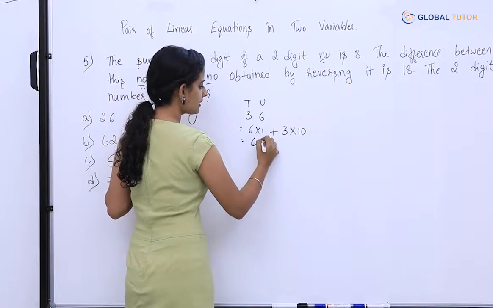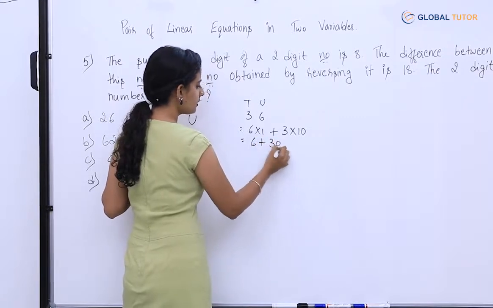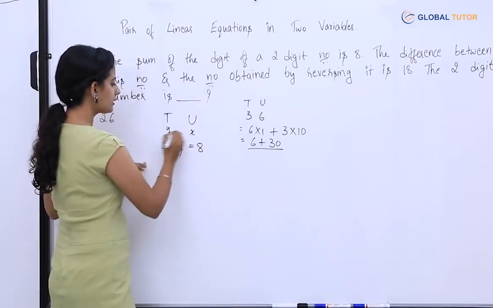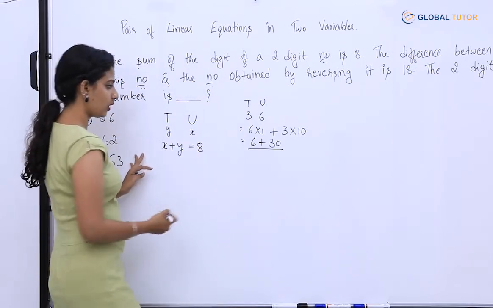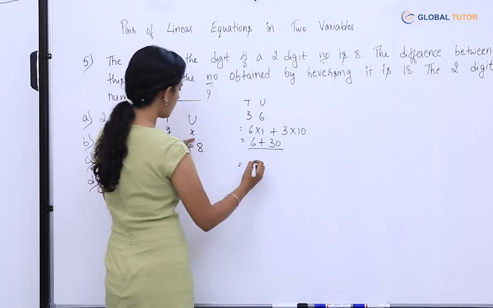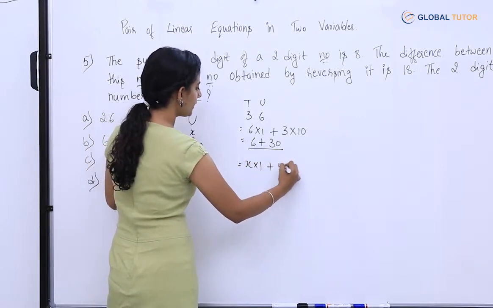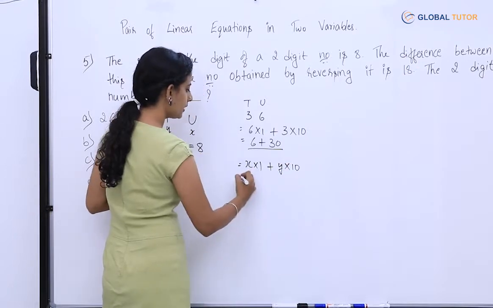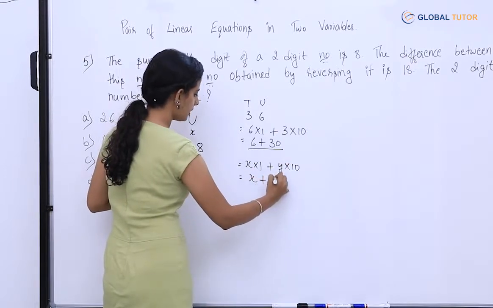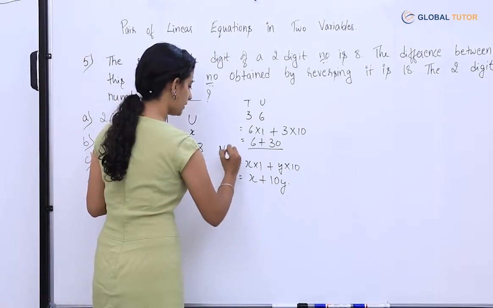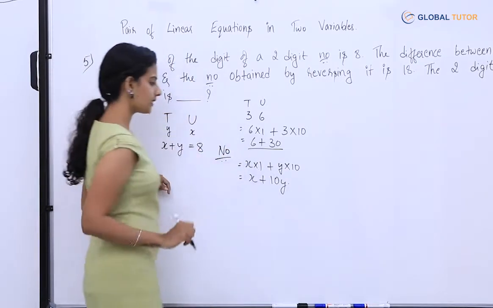So this is 6 plus 30, which means 36. Similarly, if we consider this as x and y, then this becomes x into 1 plus y into 10, which means x plus 10y. This means the original number is x plus 10y.